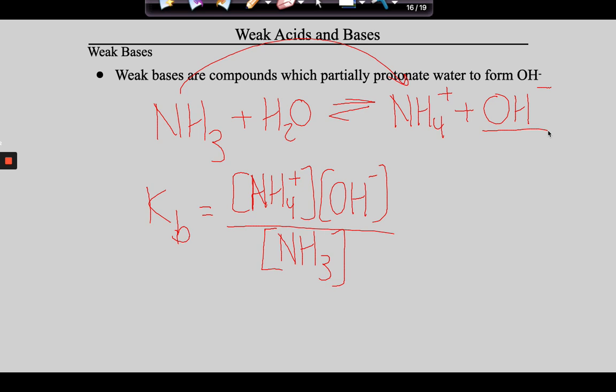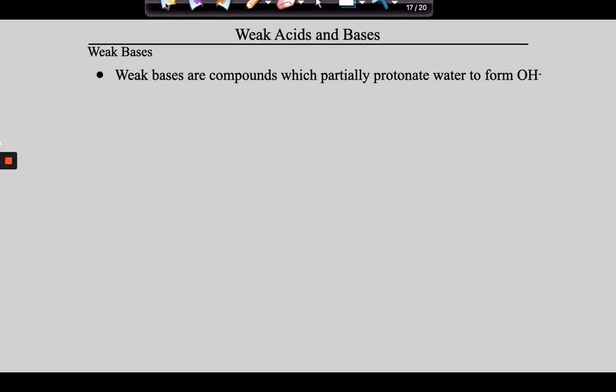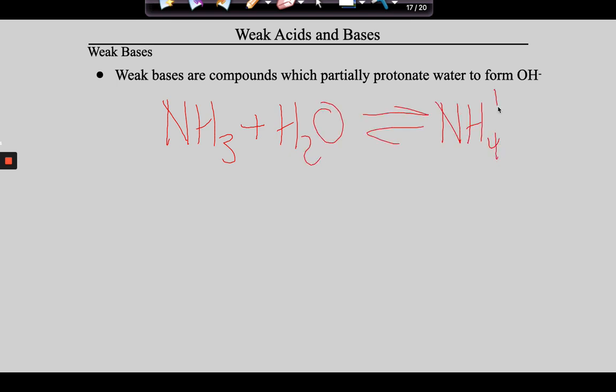Okay? So guys, then the question becomes this. How do we icebox something like this? And guys, iceboxing these are exactly the same as iceboxing acids, with one change, and it's this.